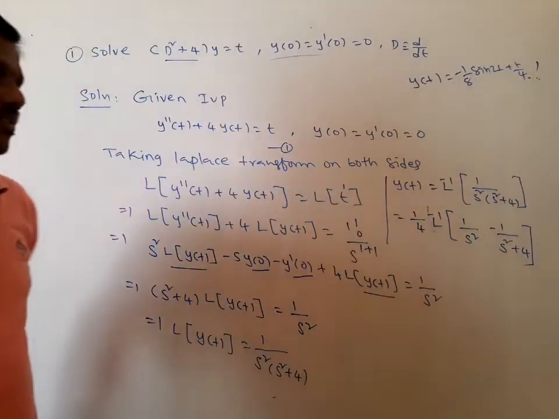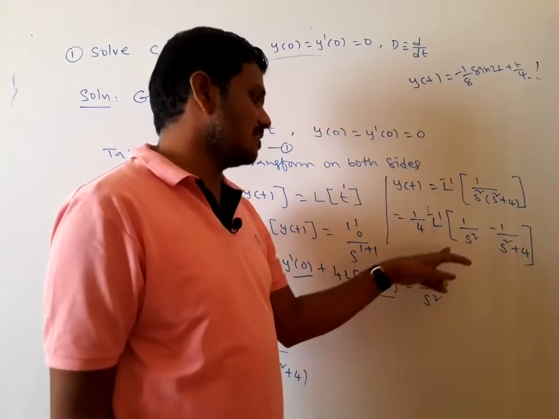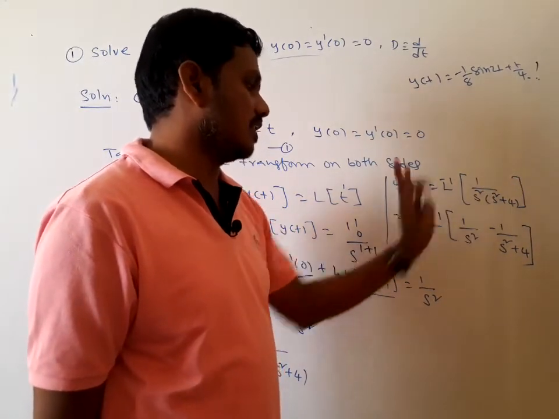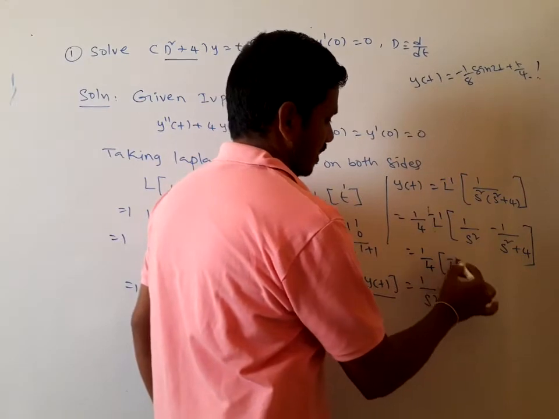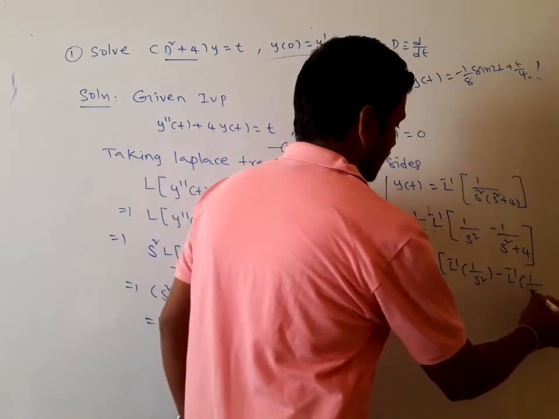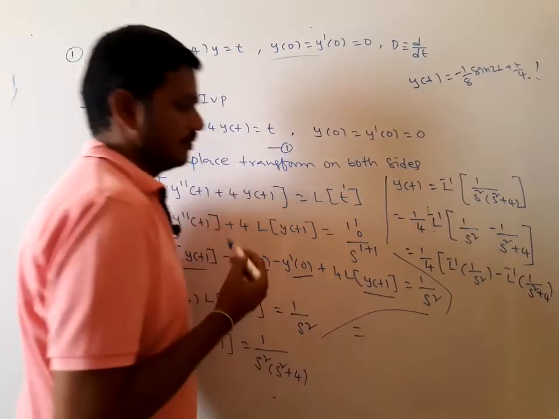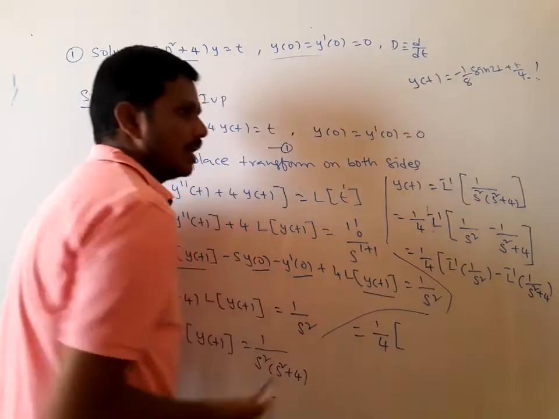If you take s square into s square plus 4 as the LCM, the numerator is s square plus 4 minus s square, the s square gets cancelled, and the numerator 4 cancels with the 1 by 4, and we get the same thing. Which is equal to 1 by 4 times L inverse of 1 by s square minus L inverse of 1 by s square plus 4, right?